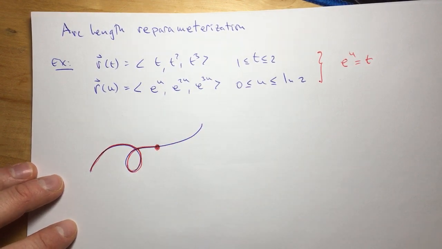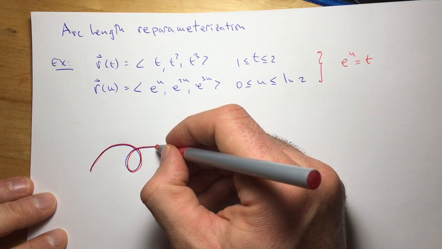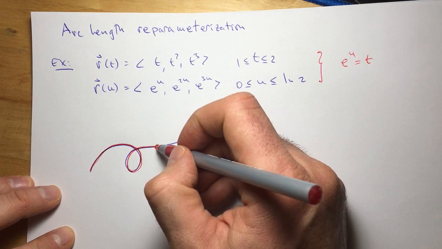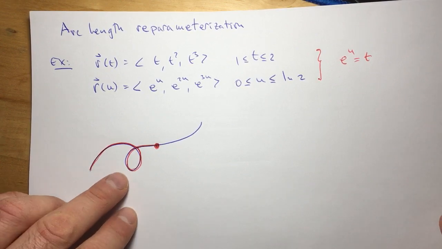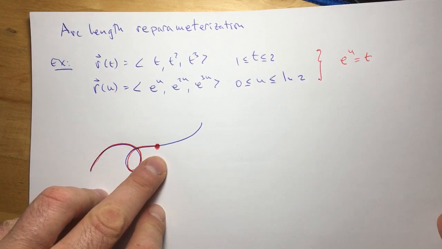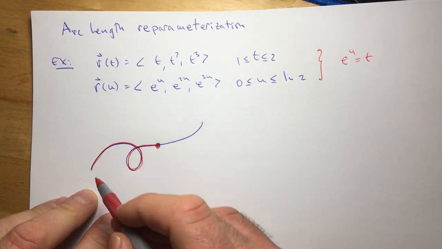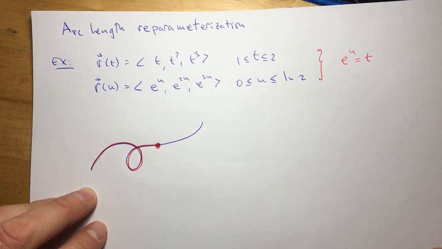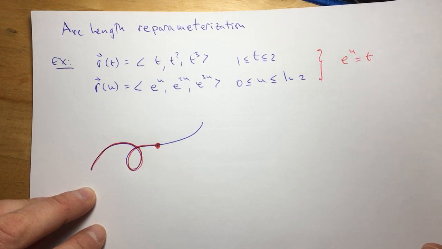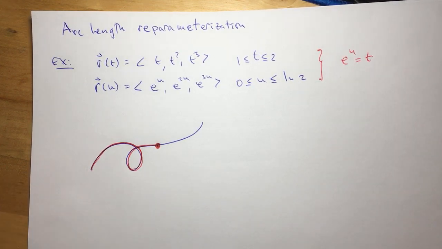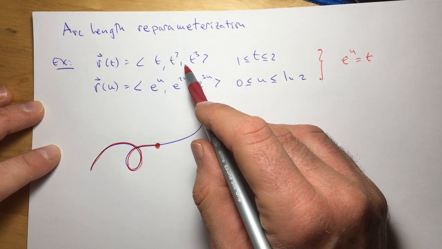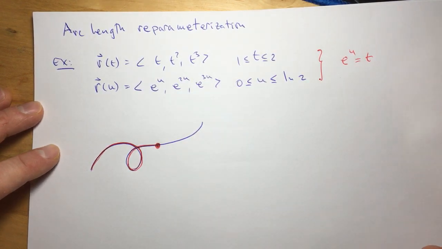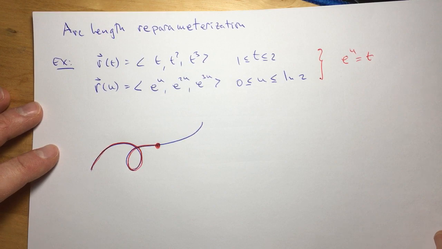We don't always describe our point in space by the time. Sometimes we describe our point by the length that we have passed. So basically the question is, can we reparameterize our curve from with respect to t to write it down with respect to the arc length?